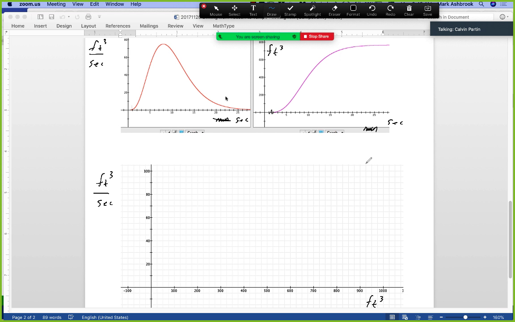So y is going to be equal to the rate of change over time, and x is going to be equal to the total amount over time. That's right. So how can I get some kind of sketch of this graph? Anybody know how we might be able to do that?